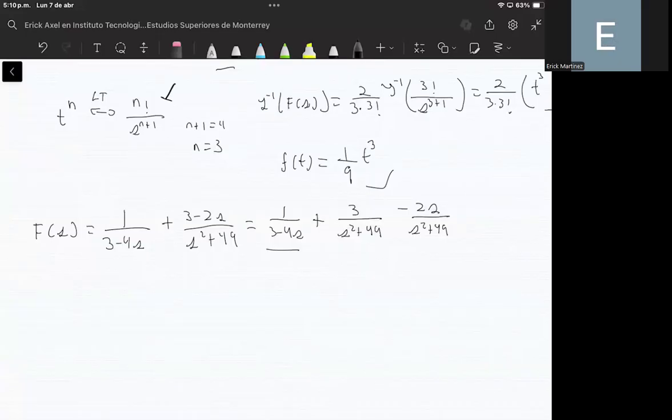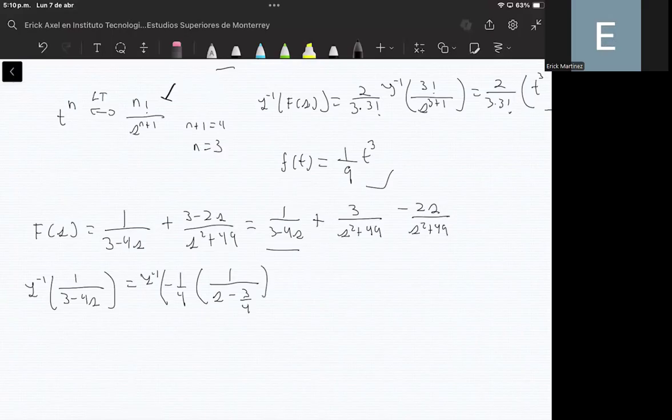So we can say that the inverse Laplace transform of 1 over 3 minus 4 times s is equal to, well, we can factor the minus 4. Okay, so we have here the inverse Laplace transform of 1 over 4. I am factoring this minus 4 times 1 over s minus 3 over 4.